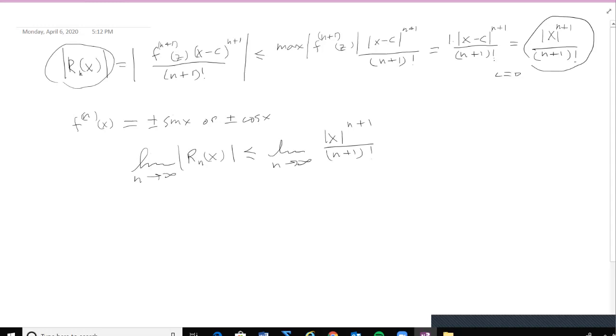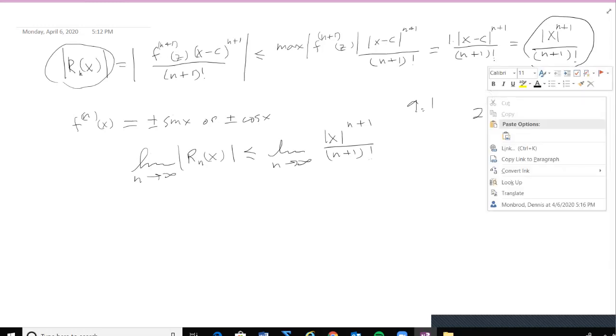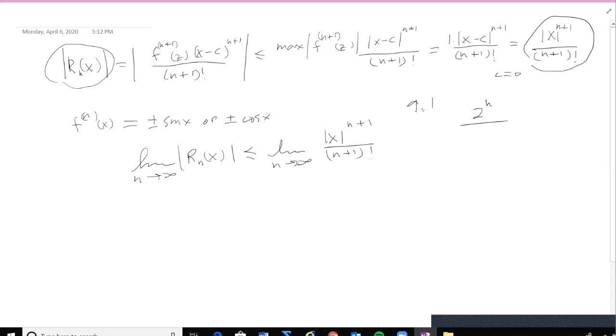We saw a little bit about this back in section 9.1, when we were looking at things like 2 to the n over n factorial and examining what happened to this limit.